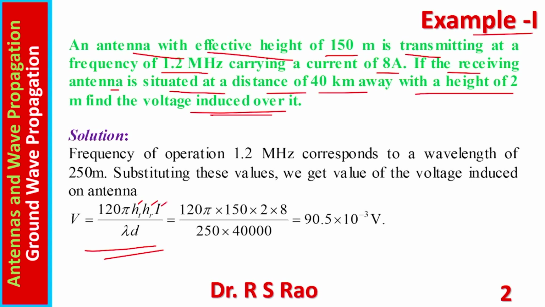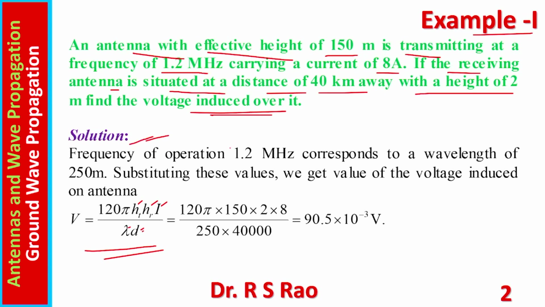I is current over the transmitting antenna. Lambda is wavelength of the traveling wave. D is the distance between the antennas. HT, HR, I, D are all given in the problem. Lambda is not given directly. Frequency is given. From frequency, lambda can be obtained.